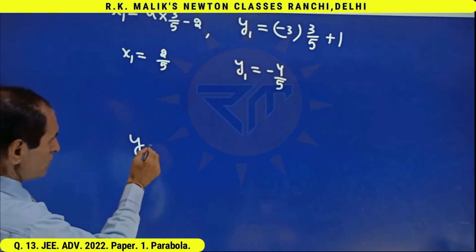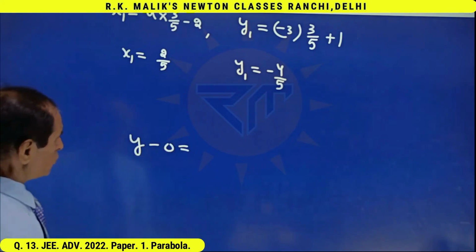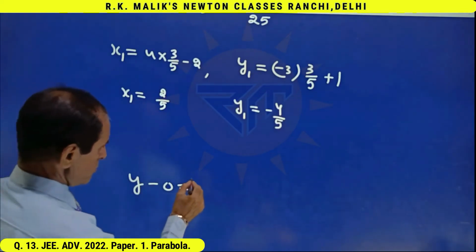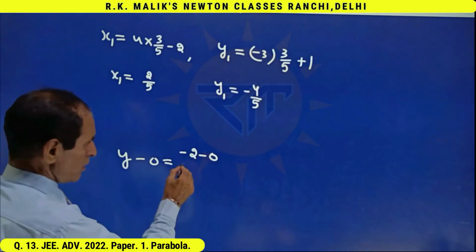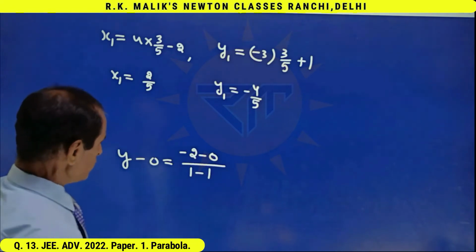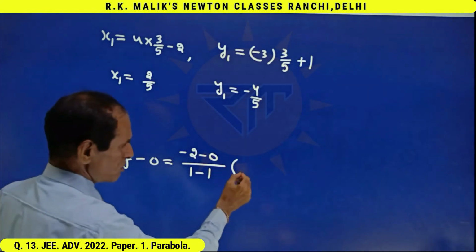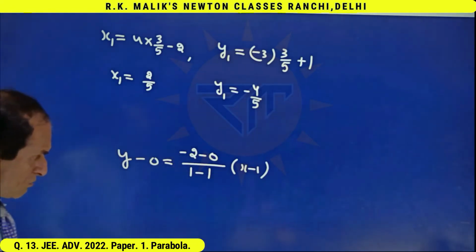That will be y minus 0 is equal to (minus 2 minus 0) upon (1 minus 1) into (x minus 1).